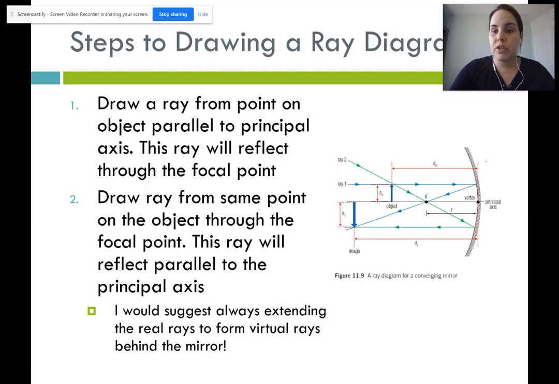So what I would suggest you do is whenever the light bounces off the mirror, extend that ray backwards. It comes in and it bounces, and we're going to extend that bouncing ray back into the mirror, because sometimes if a virtual image is produced, the rays are actually going to meet on the virtual side of the mirror.